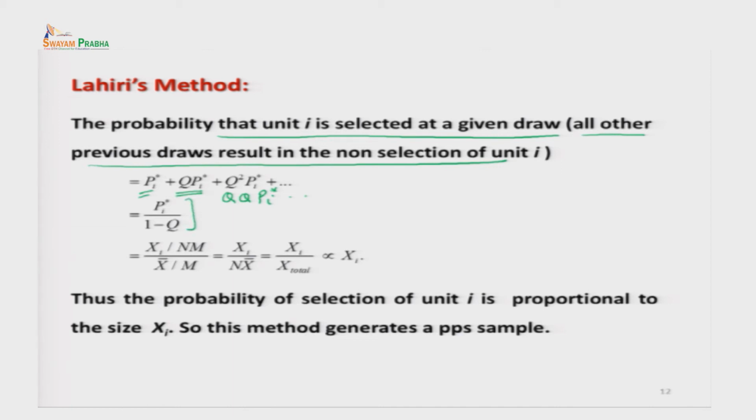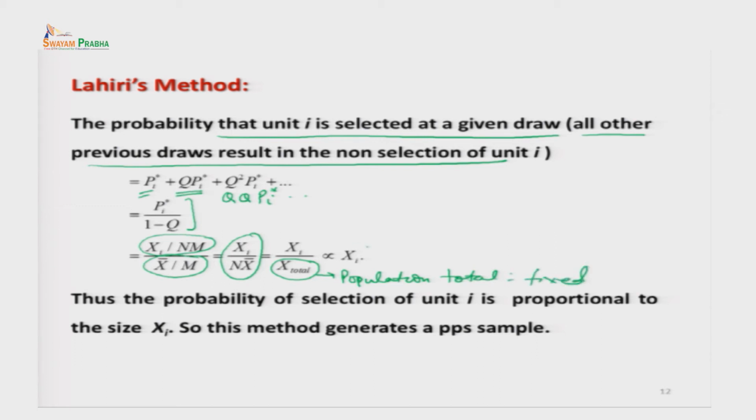Now, if you write down the values of pi star and q, pi star here is Xi upon nM, and 1 minus q that you have obtained is x bar upon M. So this becomes Xi upon n x bar, and n x bar is simply X total, the population total, which is a fixed quantity, no problem.